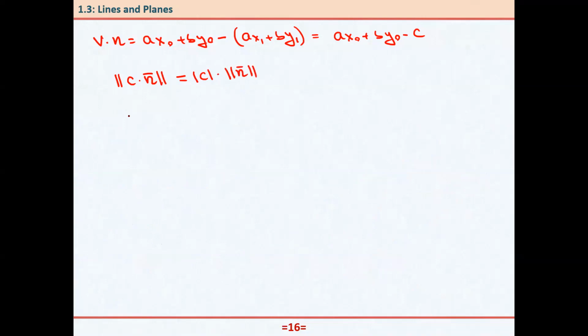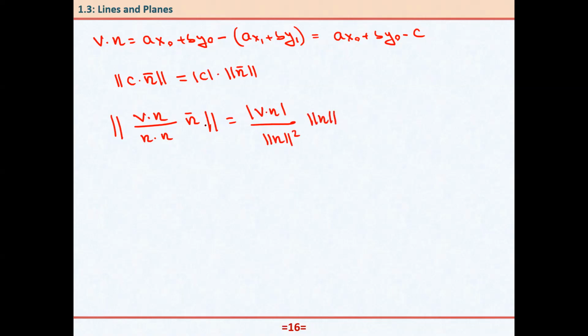So that means that here we have V dot N over N dot N, and here we have vector N, and their norm is equal to the absolute value of V dot N, and N is squared, so we don't have to put this, just the length of N squared, and here we have the norm of N. And these two things cancel each other. What we have here is the absolute value of V dot N over the norm of N. And that thing we have already calculated, V dot N, that's equal to this, right?